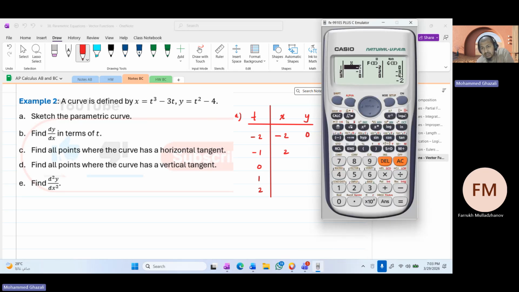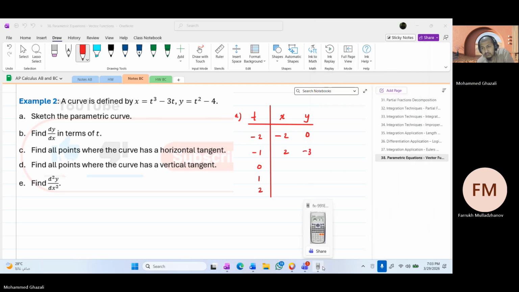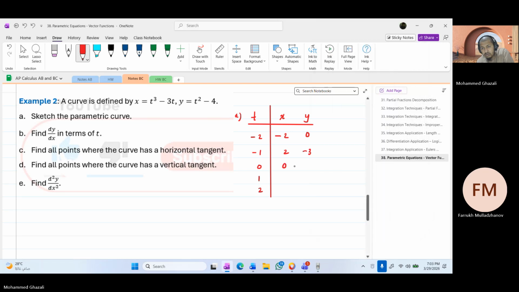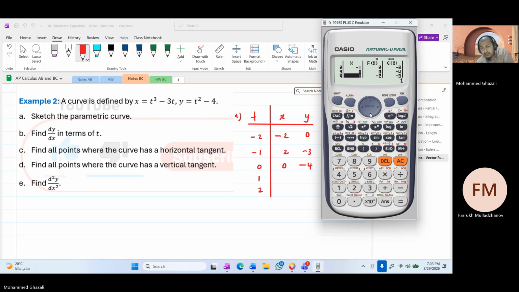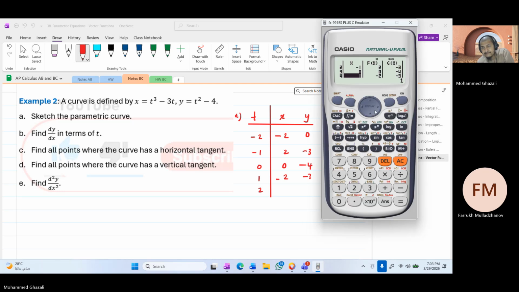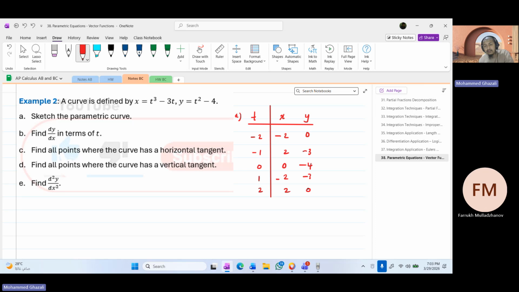I've got 2 and -3. 0 and -4. -2 and -3. 2 and 0. Okay. Now let's check if these points actually work.